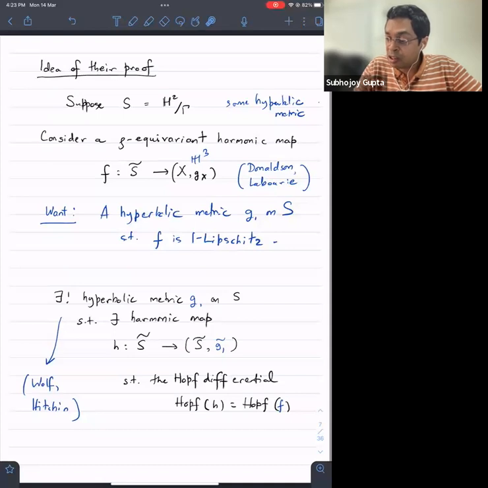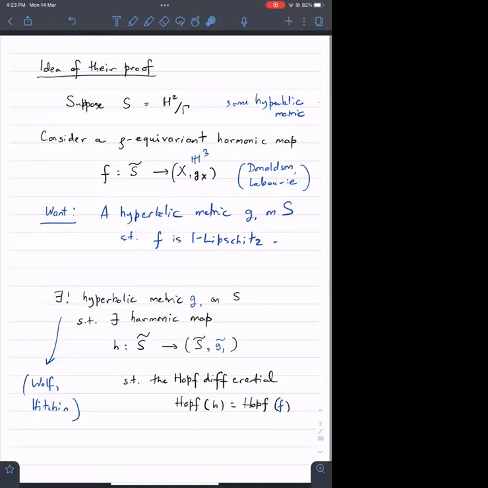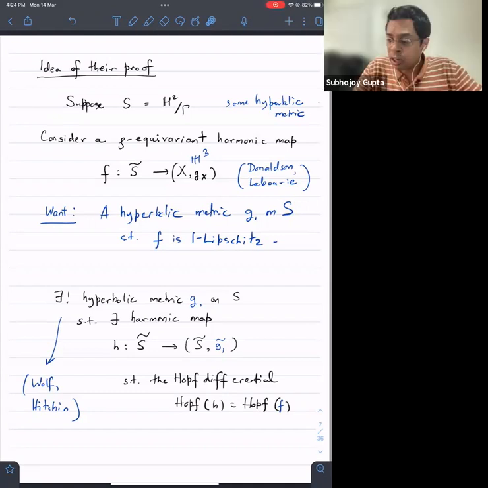So there are two pieces. Basically, what you're doing is factoring this map to H3 through a map to another surface with a different metric, so that absorbs all the Hopf differential. Is there an induced map from S tilde G1 tilde to X? Yes, you can just compose. It factors through that map.